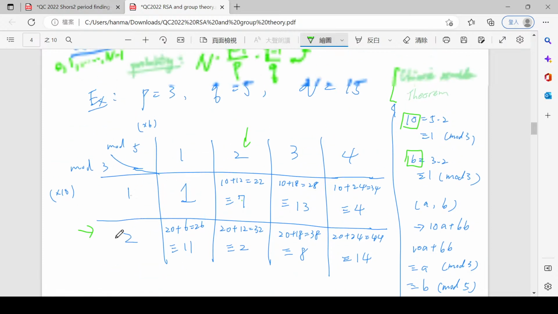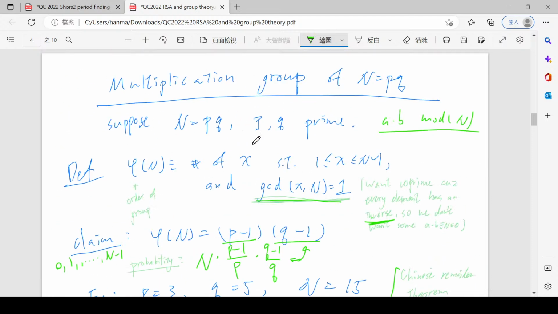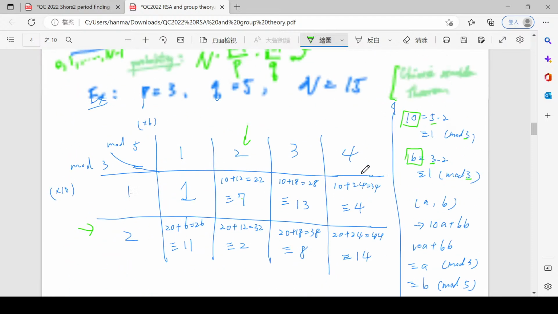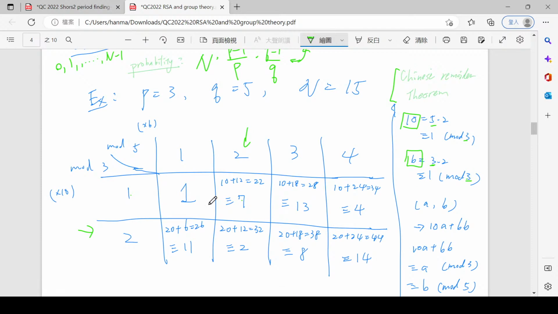And 6 is similar, but you reverse the 5 and the 3. So 6 is a multiple of 3, and 6 mod 5 equals 1. Once again, 10 and 6 are not in this group, but they will be very useful to generate this table.